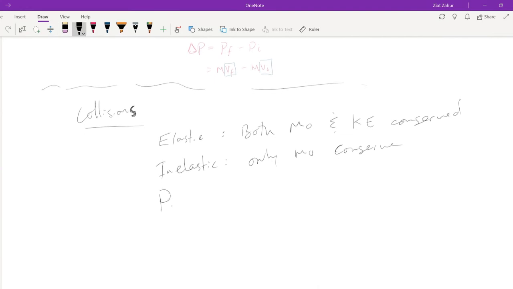And we also have PIC, perfectly inelastic, where only momentum is conserved, most KE is lost, and objects stick together.